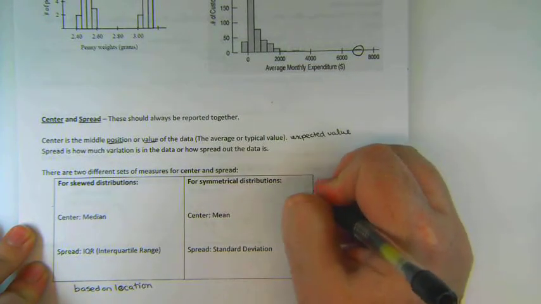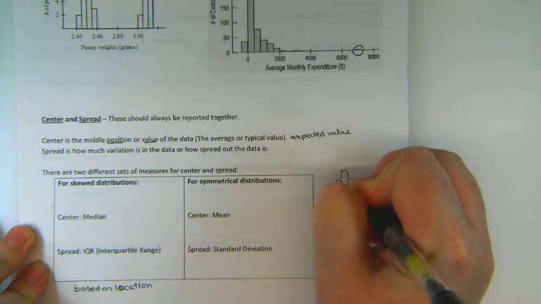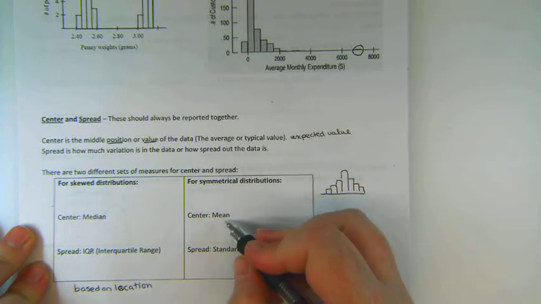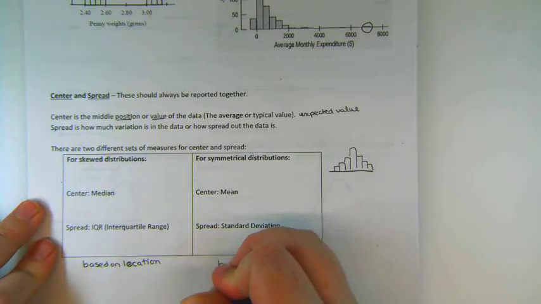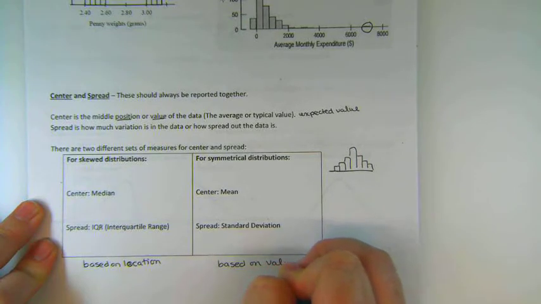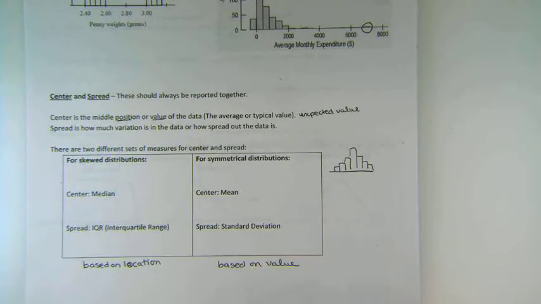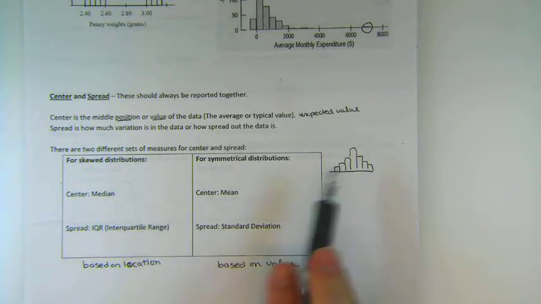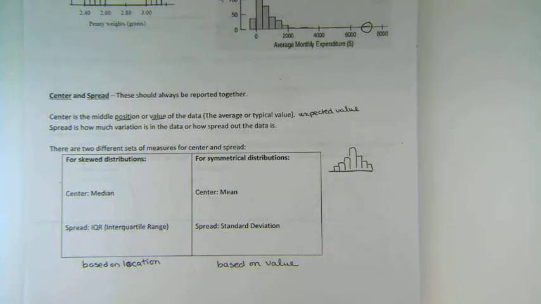For symmetric distributions, which are nice and just kind of rise up to the middle and then decrease away, for this we want to use mean and standard deviation. And these are based on the actual value. So we're going to have two forms of center, two forms of spread, and in terms of our description and our conclusions, we just want to take note of what the graph looks like, because then that'll tell us which center and spread we should use.